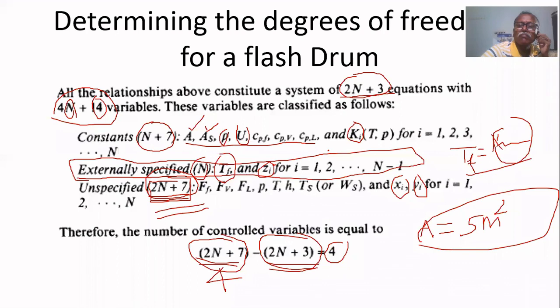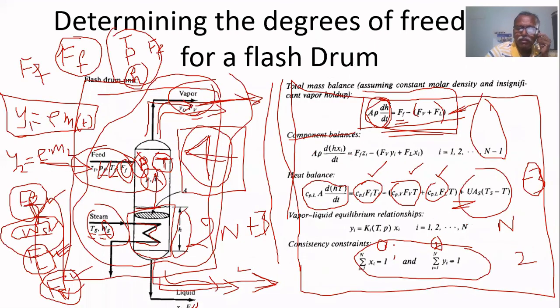For example, for the composition, n possible compositions are there. That's why we are getting this n. Depending upon the composition, how many equations do we have? N minus 1 equations. Because of that composition, we get n equations for x_i and n equations for y_i. So n is the number of equations here.